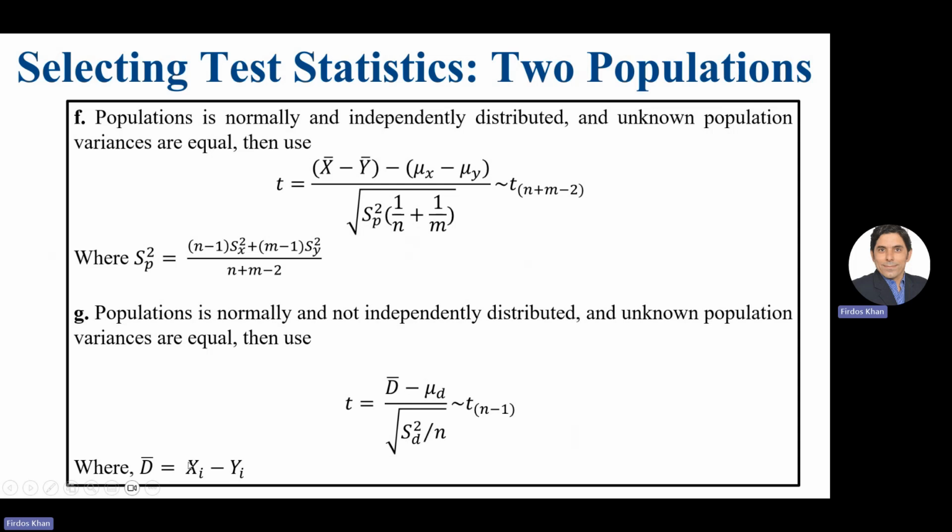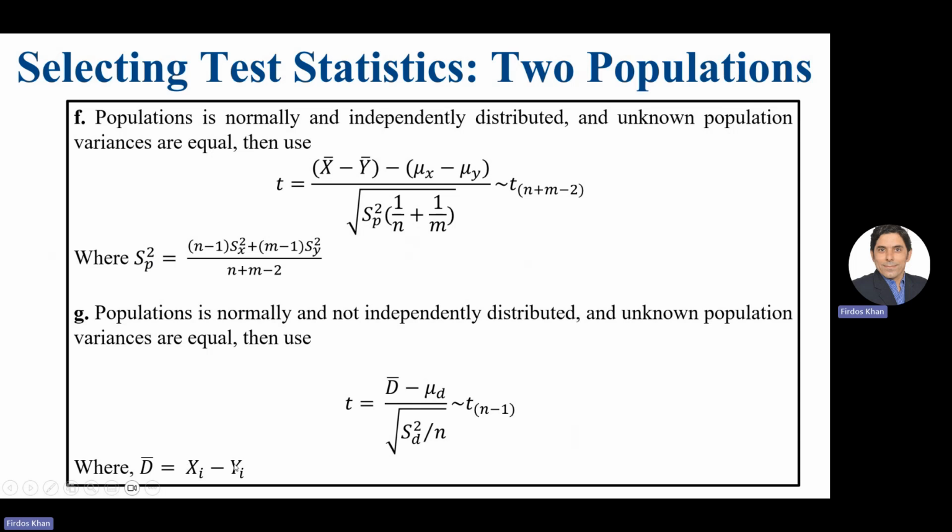Di is calculated by subtracting y from x. Then D bar is the mean of that series. I'm sorry, this is Di, this is not D bar. Di is equal to xi minus yi. So when you calculate the D series, then you need to calculate the mean of that D series, and that is D bar.